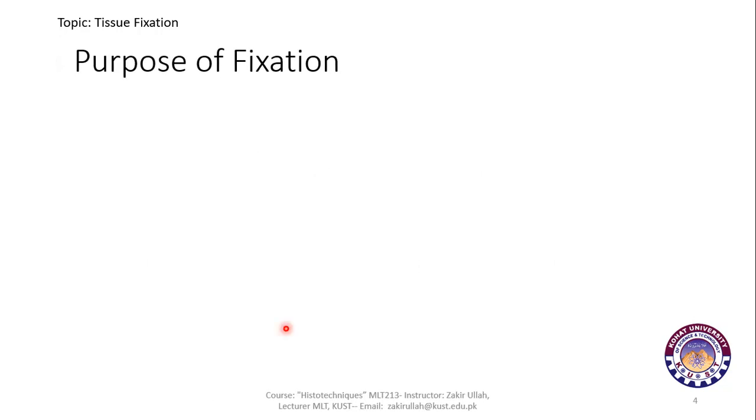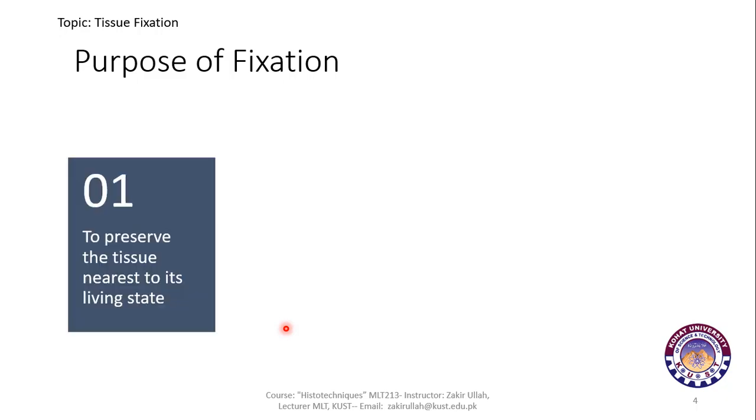Now, what are the purposes of fixation? Why do we perform fixation? What is the importance of fixation? So, the first purpose of fixation, as we discussed in our previous slide, is to preserve the tissue nearest to its original living state, because to study the disease, to study the tissue, that tissue must be in, or near to, its original state.